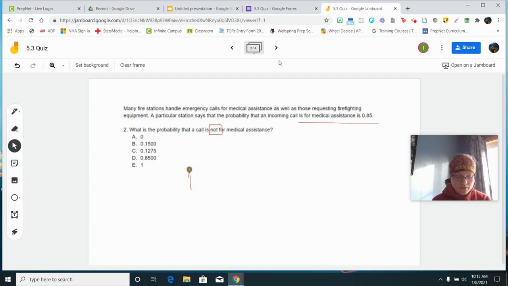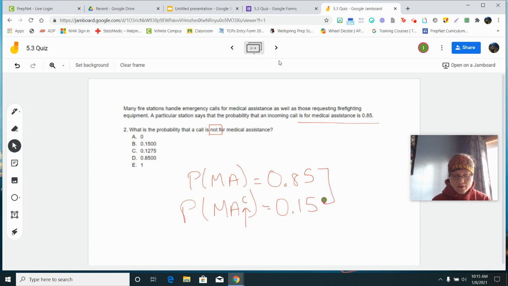So needing medical assistance, probability of that is 0.85. So the opposite of that, not needing medical assistance, remember little c means complement of, so opposite, is 0.15, because these two things should add up to 1. So 1 minus 0.85 is going to give me 0.15. So the best answer here is B.